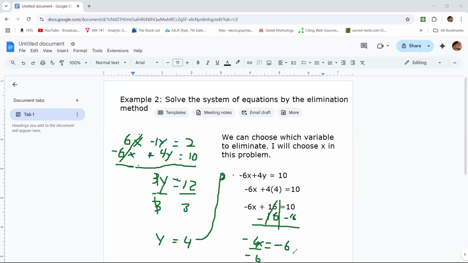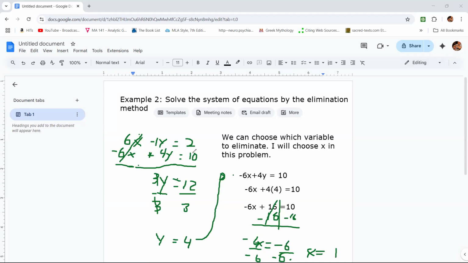So that becomes x is equal to, now remember here that a negative number divided by a negative number gives us a positive answer, so we get +1.